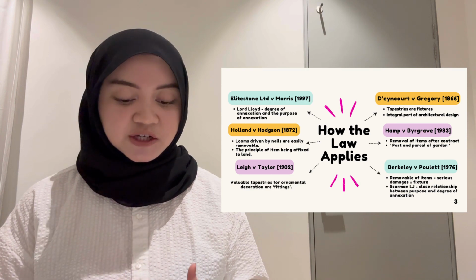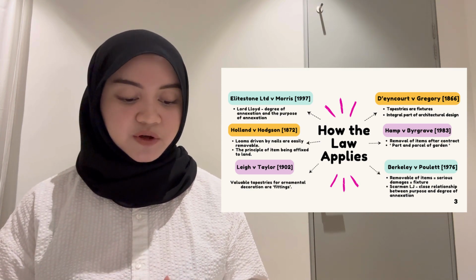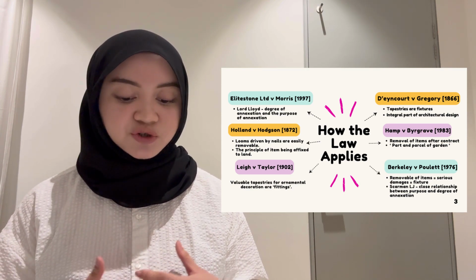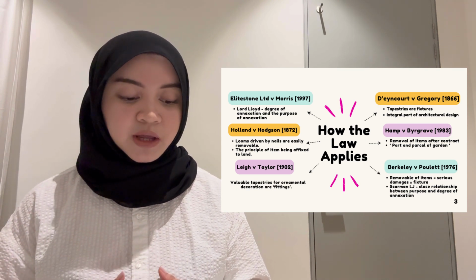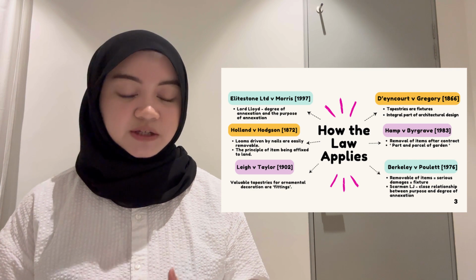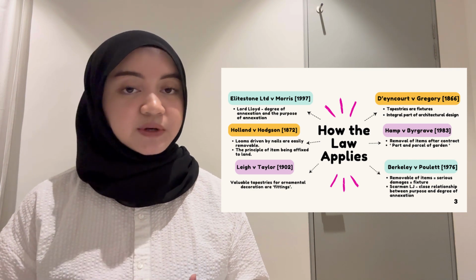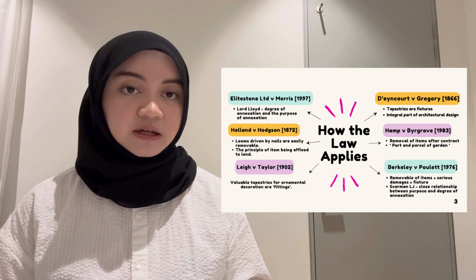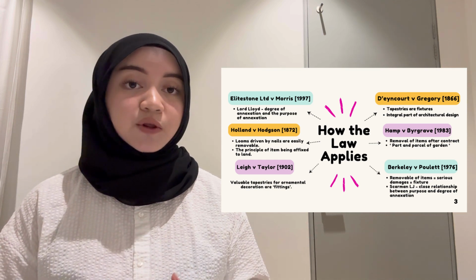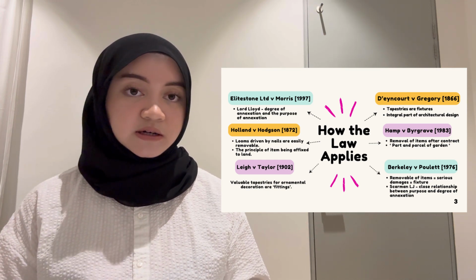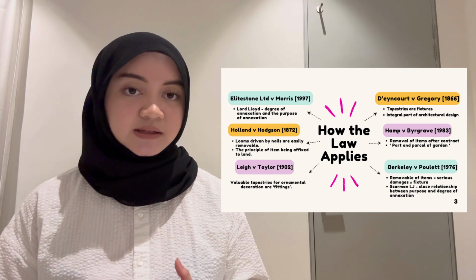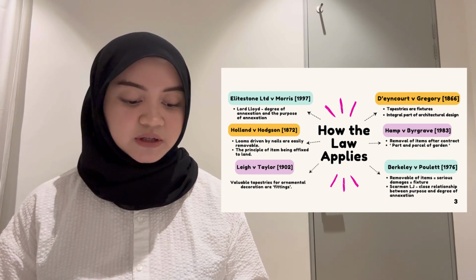The degree of annexation must hand in hand be tested further with the purpose of annexation to determine how a chattel may be regarded as a fixture, by looking through the degree of chattels resting on land. As mentioned before by Blackburn J in Holland and Hodgson, articles not otherwise attached to the land than by their own weight are not considered as part of the land, unless the circumstances show they were intended to be part of the land.